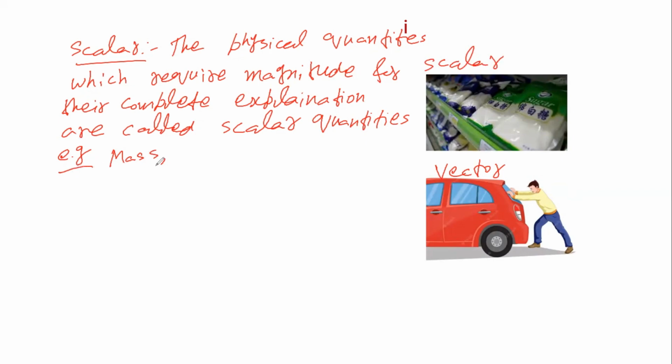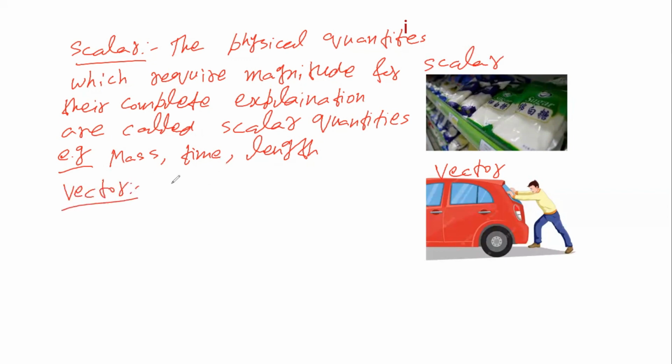Similarly, time. Time requires no direction to measure it, and length. If you are going to measure the length, you require no direction. These three physical quantities only require the magnitude for their complete explanation.